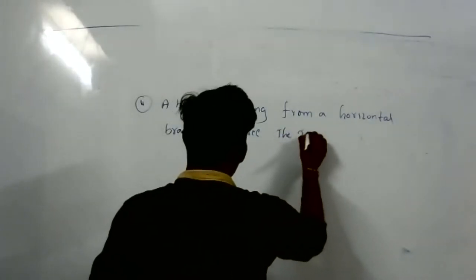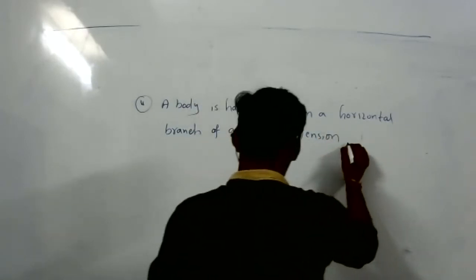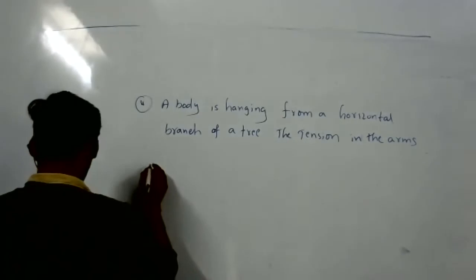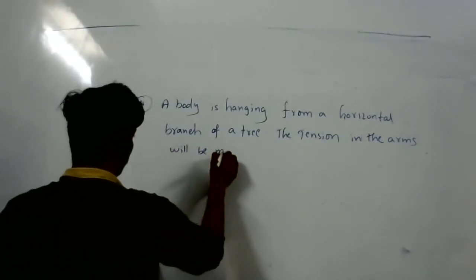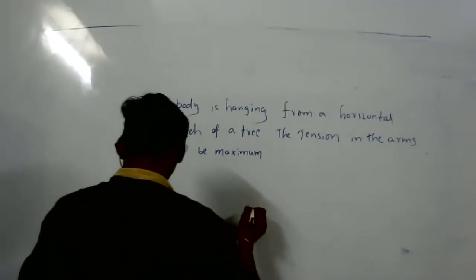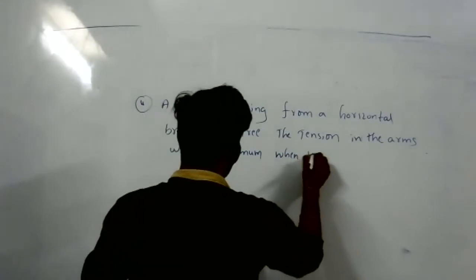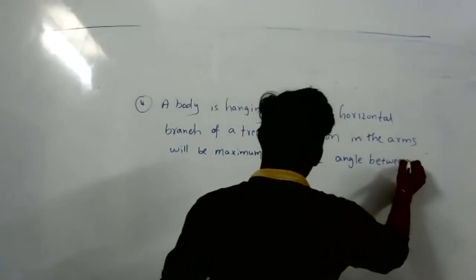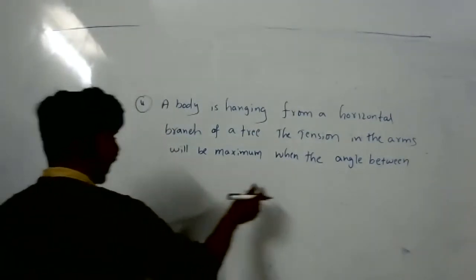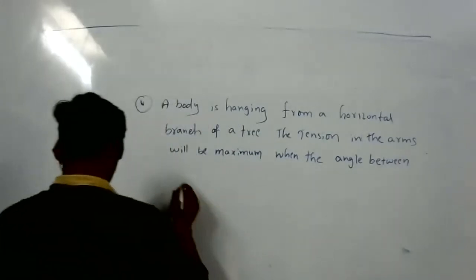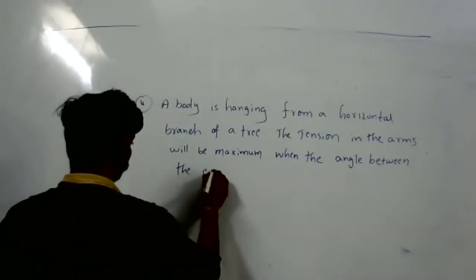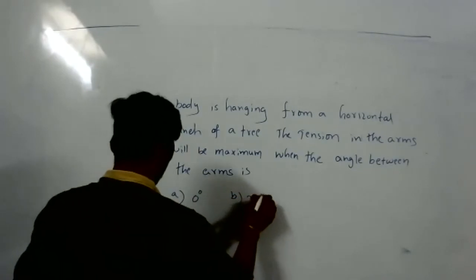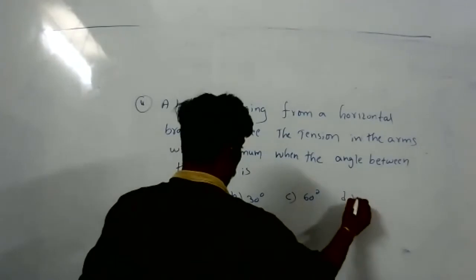The tension in the arms will be maximum when the angle between them, the angle between the arms, is: option A, 0 degrees; option B, 30 degrees; option C, 60 degrees; option D, 120 degrees.